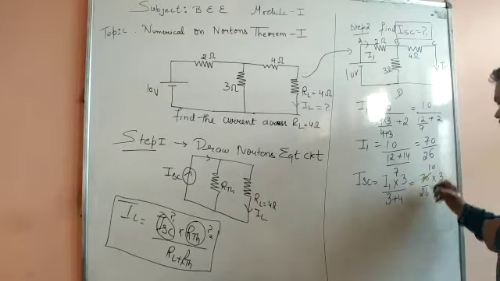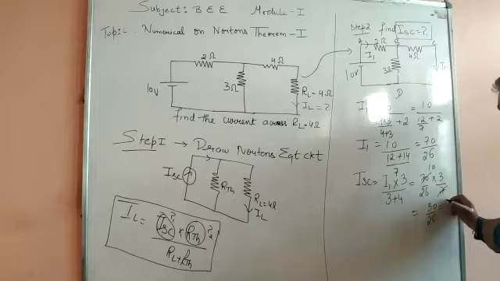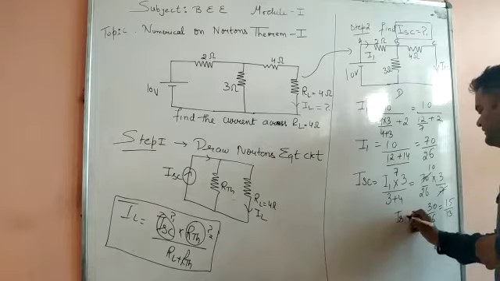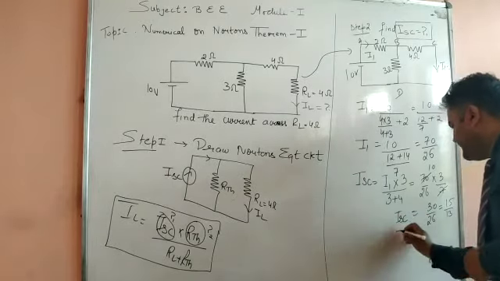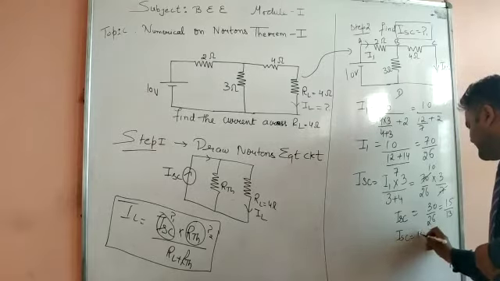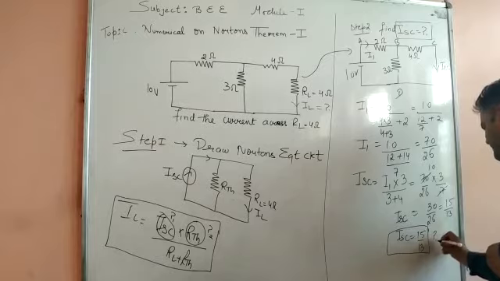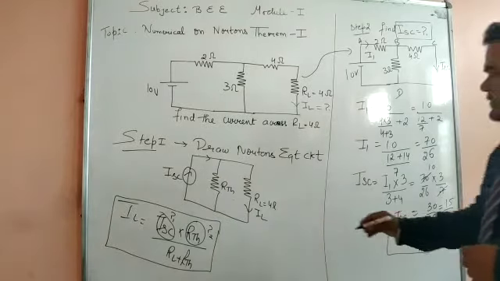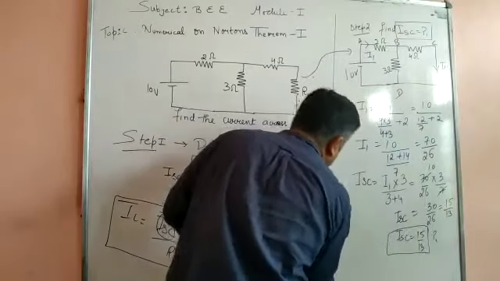It will be cancelled out. 10 3s are 30 upon 26, that is 15 by 13 is the answer. Now you have found ISC, that is 15 by 13, that is question mark number 1. Now you have to find out question mark number 2.